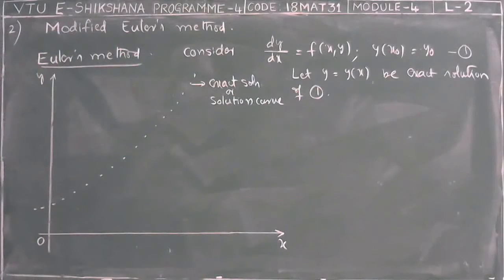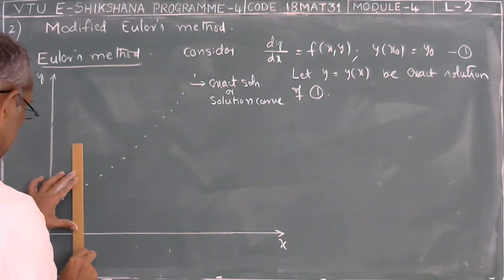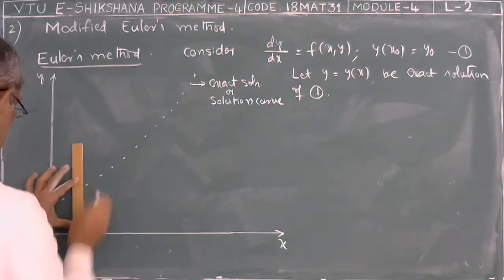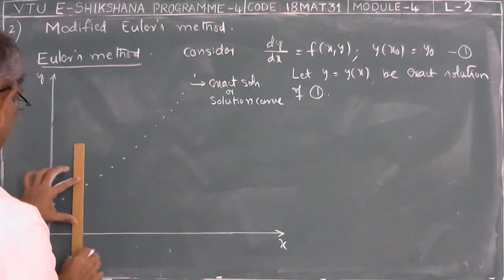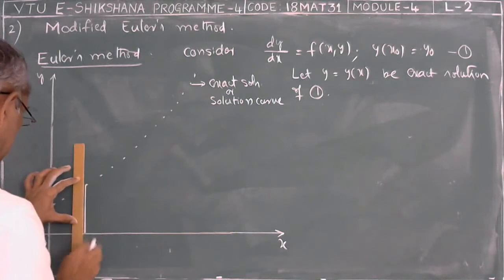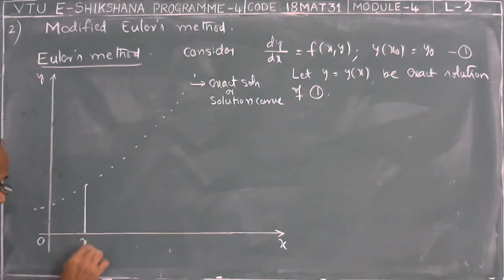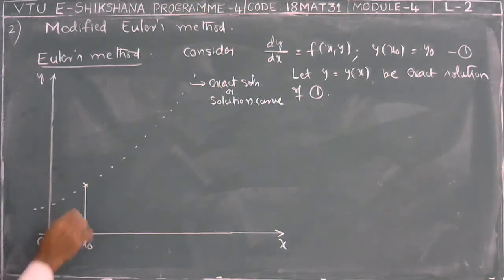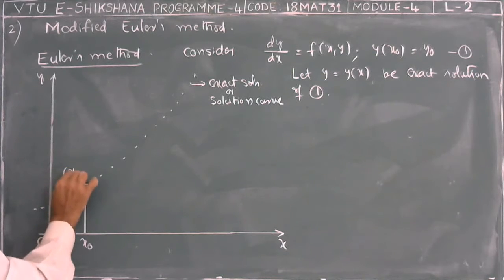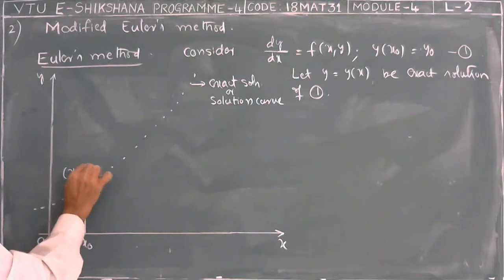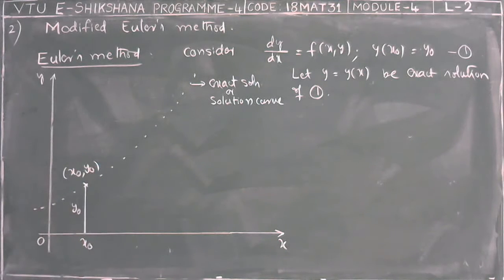The initial condition is at x is equal to x naught, y is equal to y naught. Let us take this as x naught, and this point will be at y naught, and this point is x naught comma y naught.